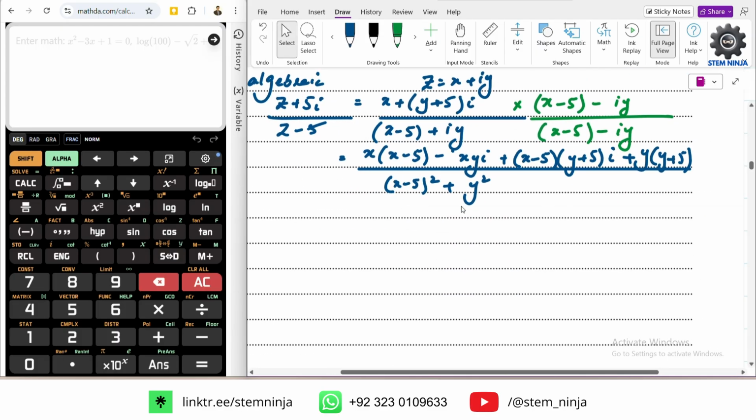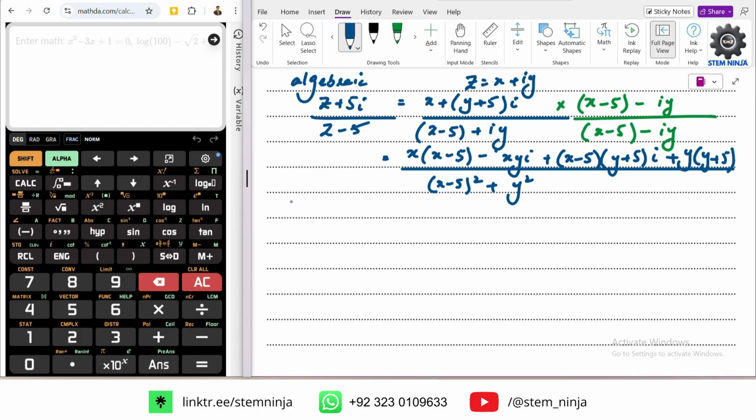Okay, so now let's expand this all. Actually, let's start from over here. So this is x squared minus 5x minus xyi and xyi plus 5xi minus 5yi minus 25i.